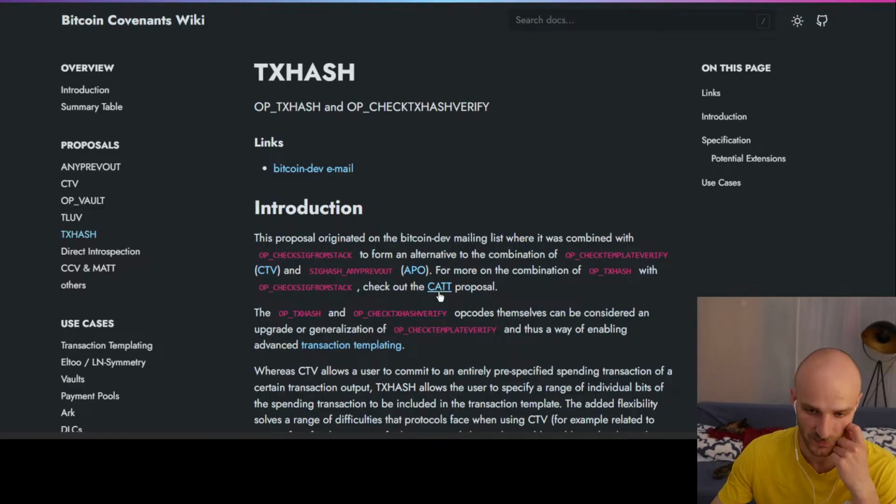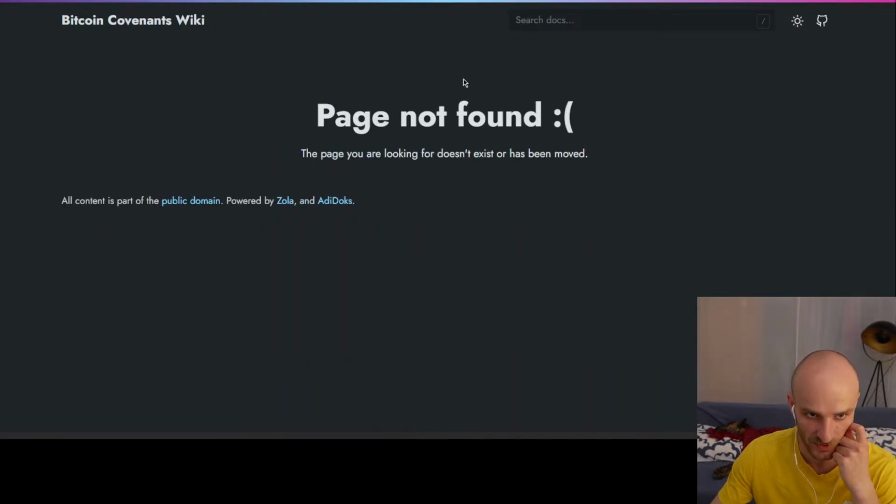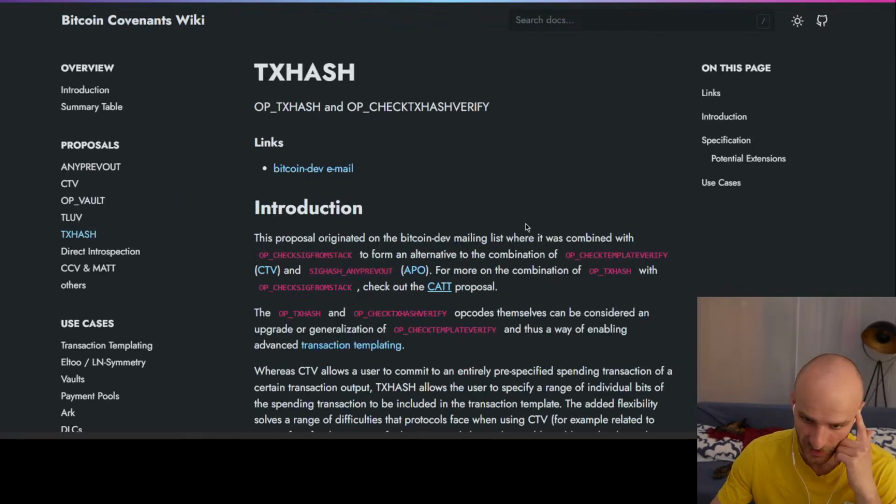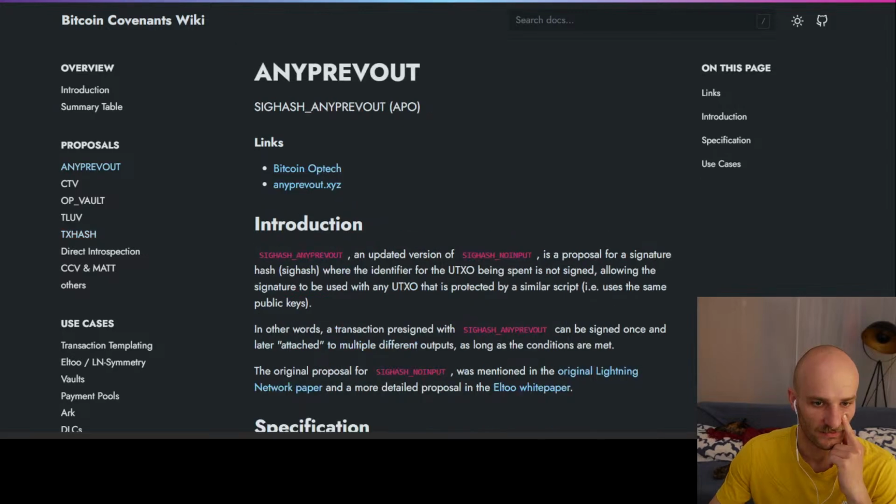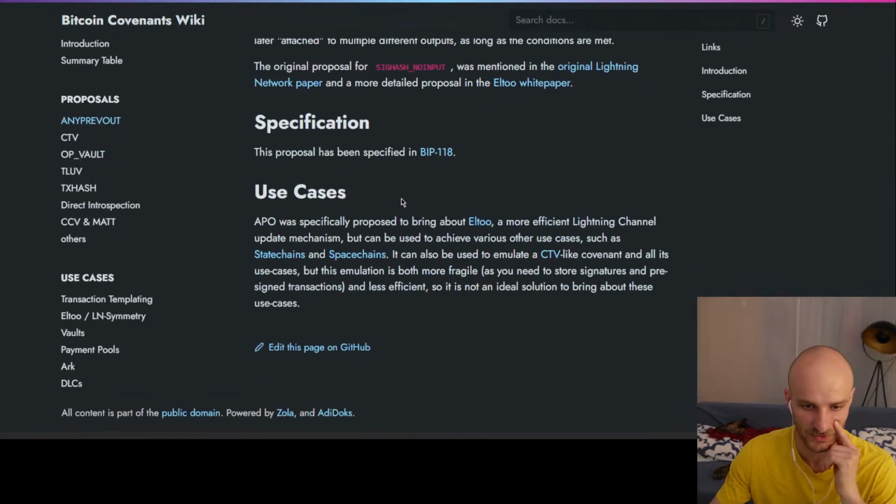Then I also explored a bit CAT, which in the Bitcoin Covenants Wiki public website is not available. However, you can find the corresponding page in the GitHub of this website. Then, like for any prev out, I had a look also at what will be the use cases in which it will be useful.